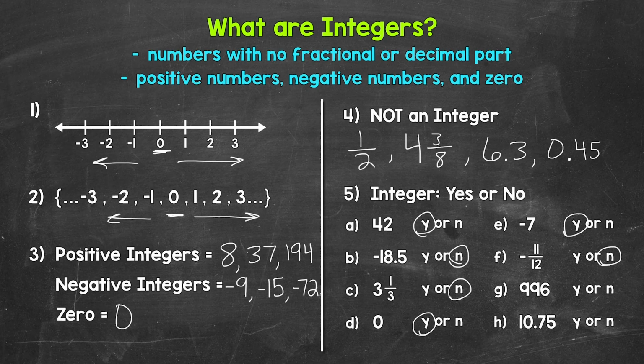Next, for G, we have 996. Is this an integer? Yes. And then lastly, H, we have 10 and 75 hundredths, 10.75. Is this an integer? No, there's a decimal part here. So there's what integers are. Let's move on to comparing and ordering.